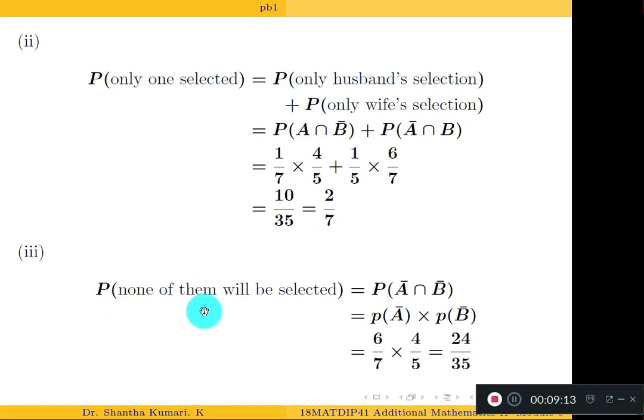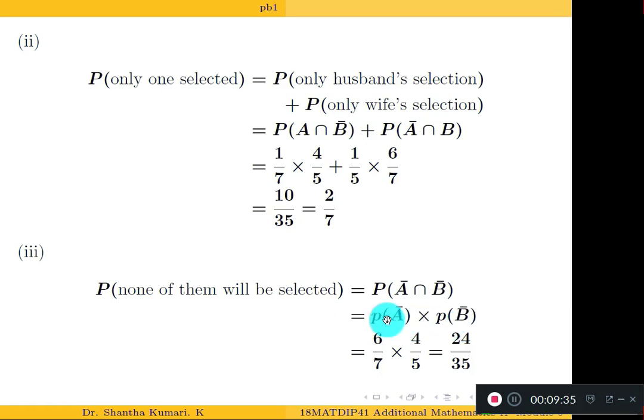Third question. None of them will be selected. What is the notation for none? None means neither A nor B. That's the meaning. So A complement and B complement. Write the notation, and because of independent events, you can directly multiply the probabilities. P of A complement into P of B complement.